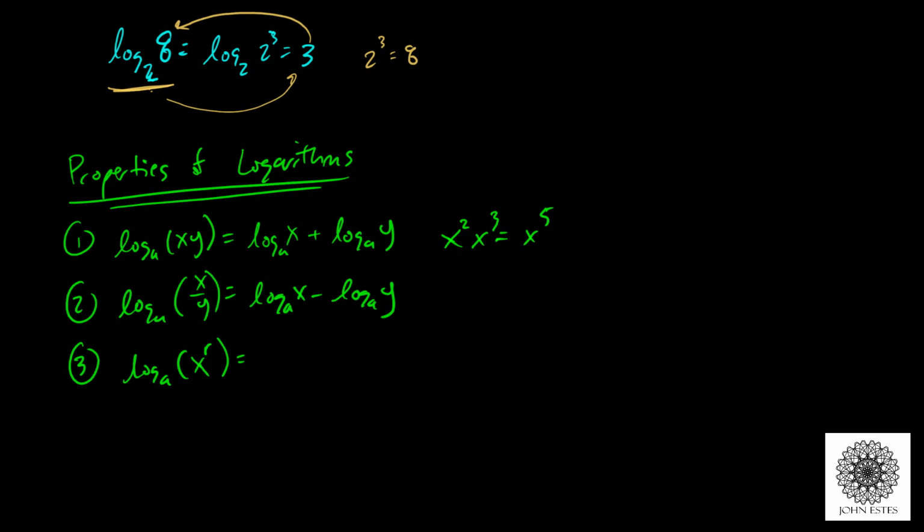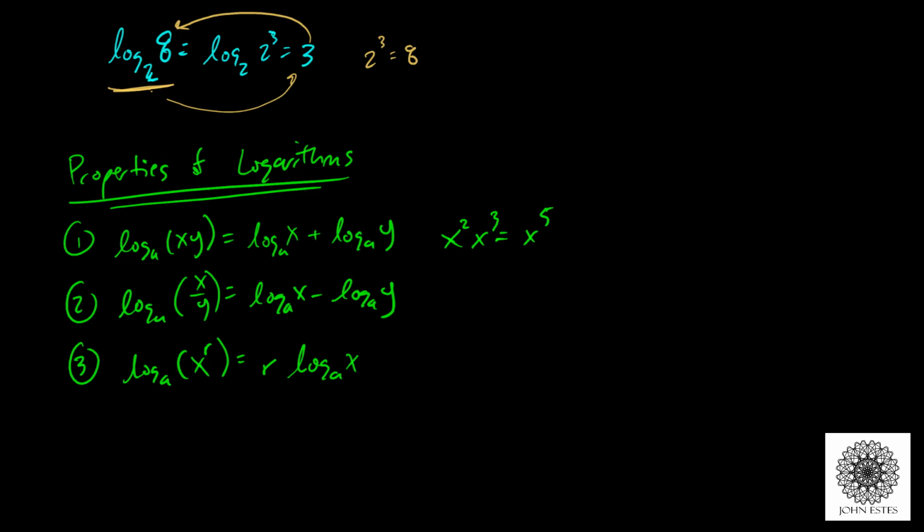So if I use the first property, that just turns it into addition over and over of the same thing, and I'll have r copies of log base a of x. Okay, so this third principle here, I can take the exponent out. I can say log base a of x to the r power is the same thing as r times log base a of x. And that is an extremely useful property. All of them are, but this third one especially we use a lot.